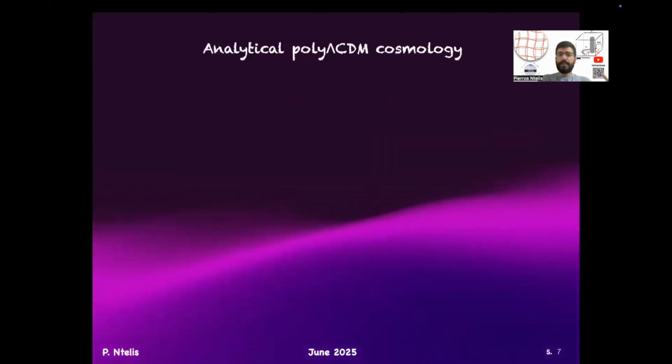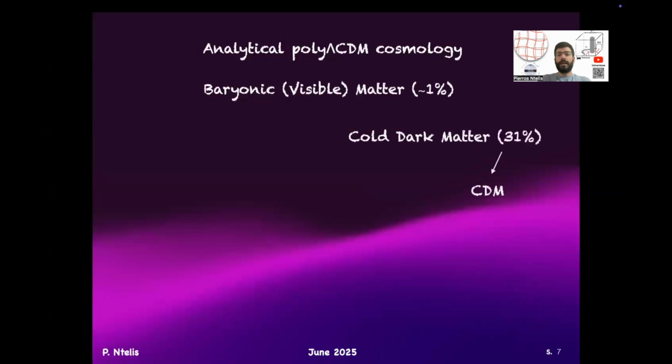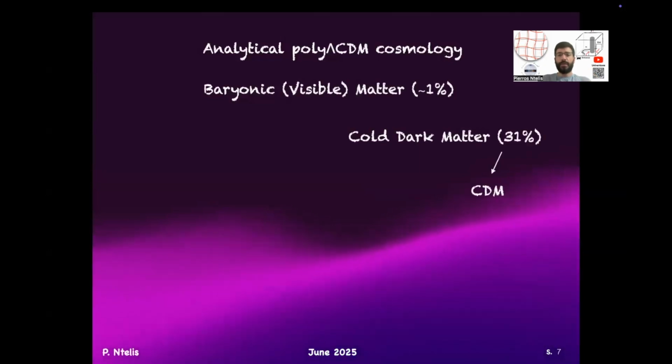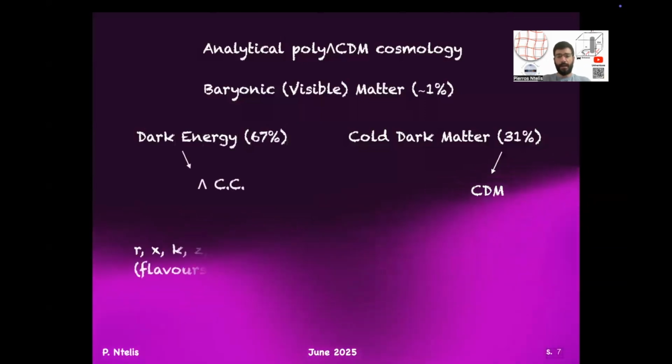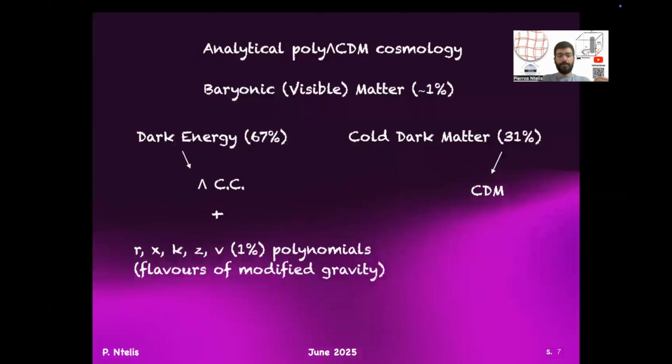However, in this analytical polylambda CDM model, we have the same basic components, baryonic matter and cold dark matter. We also have dark energy, but now at a bit less, about 67%, which is modeled by lambda, and we add some different flavors of this modified gravity that I discussed before.